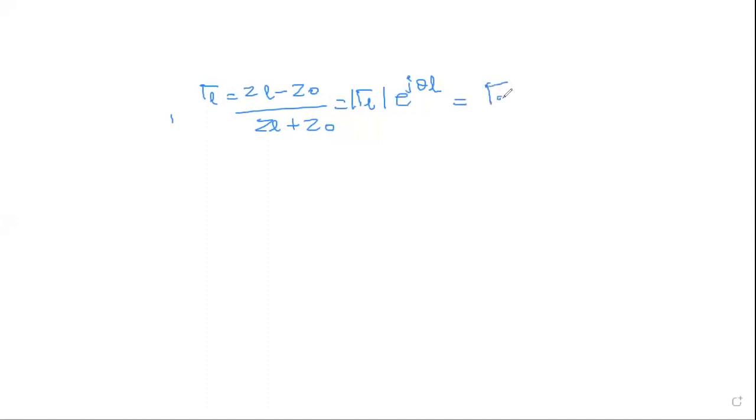For real, I'll mention it as gamma R, and for imaginary, gamma I. I hope this is clear. This term I'm writing in terms of real as well as imaginary. So I have gamma R plus j gamma I, which I'll make equation 1.